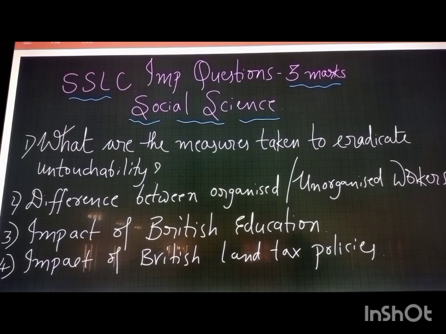Organized workers are those who have certain legal rules and regulations, whereas unorganized workers do not have any legal rules and regulations. Organized workers have many facilities, whereas unorganized workers do not.